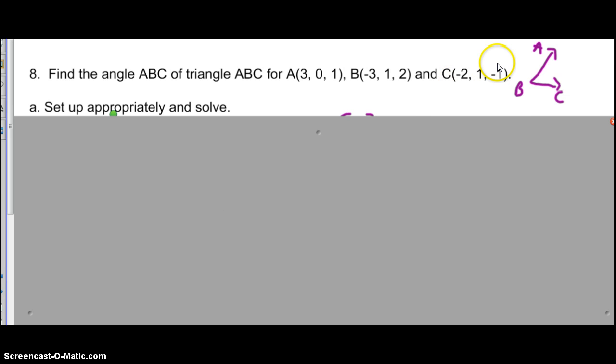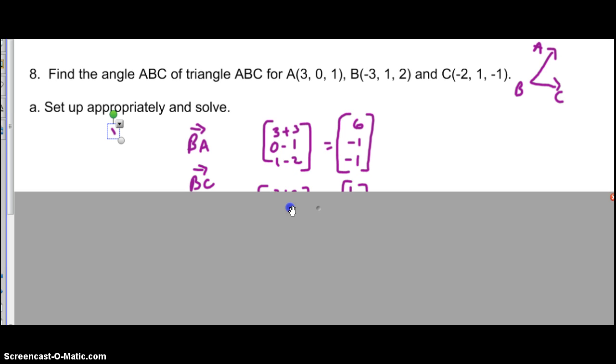So we're finding angle B. So with our points here, we're going to be setting up appropriately and solving. If we solve for B, we want to find the vectors BA and BC. So go ahead and try that. Find the vectors BA and BC, and then plug into your dot product with the cosine and find your angle using that formula and bring it back.